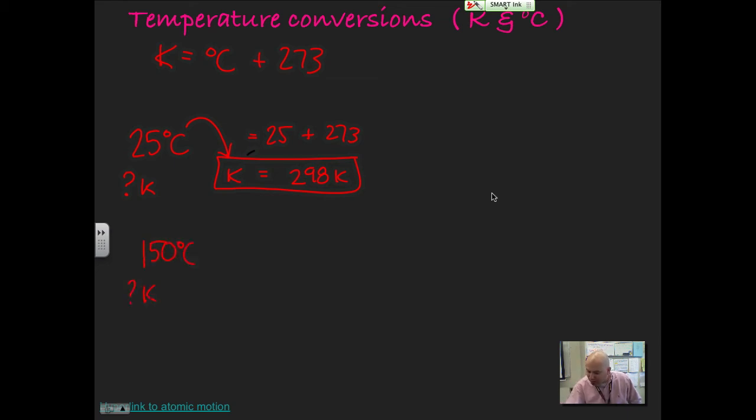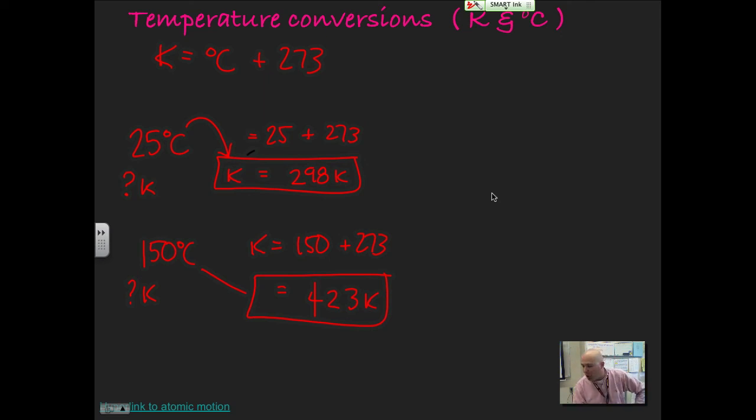What is that in Kelvin? Well, Kelvin would be 150 plus the 273, whatever that math is, 423 K would be 150 degrees Celsius.